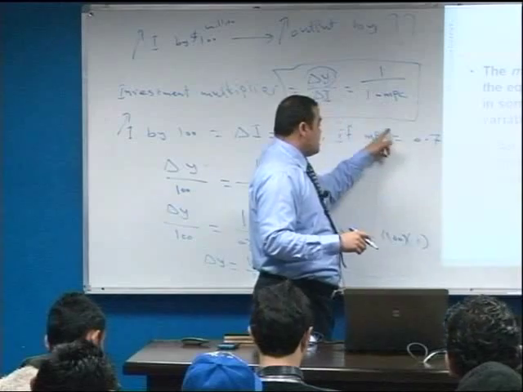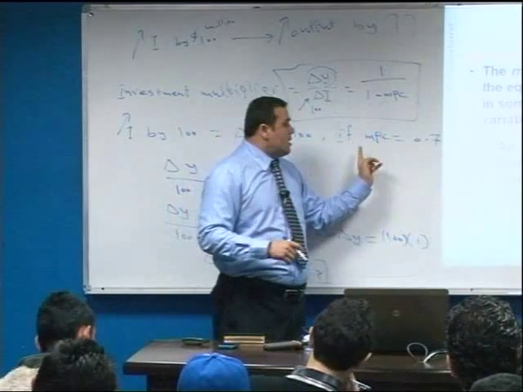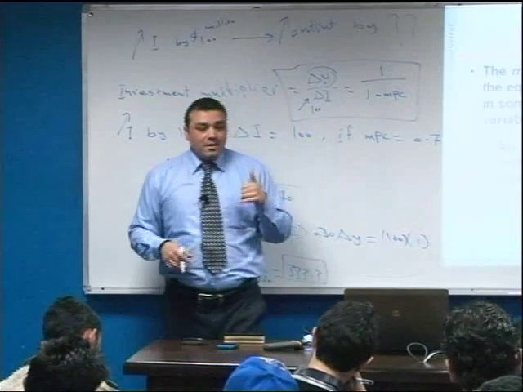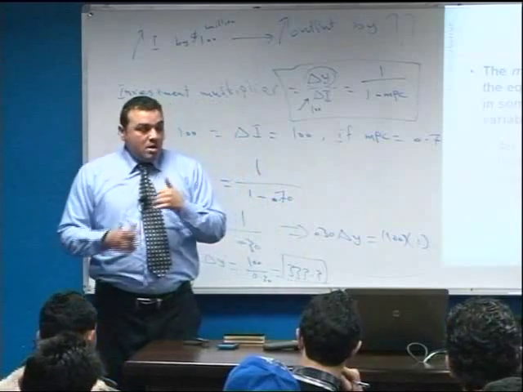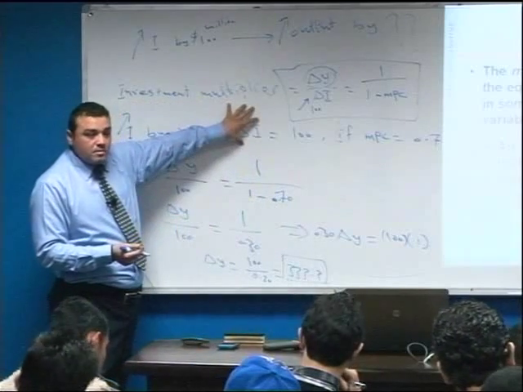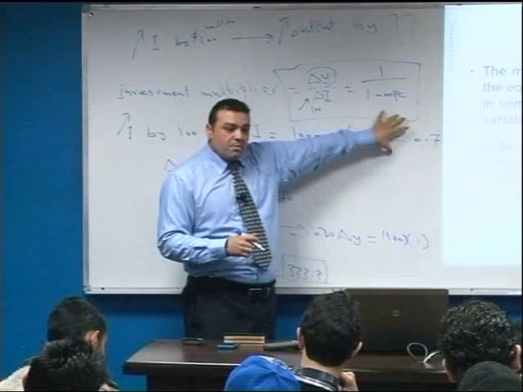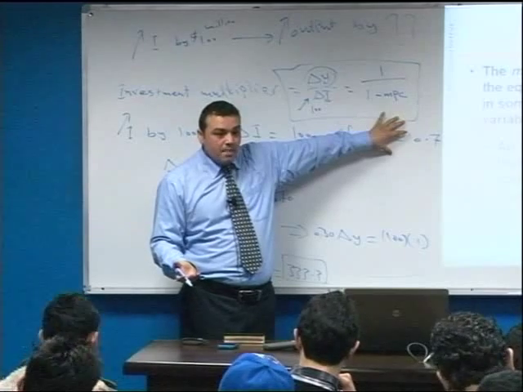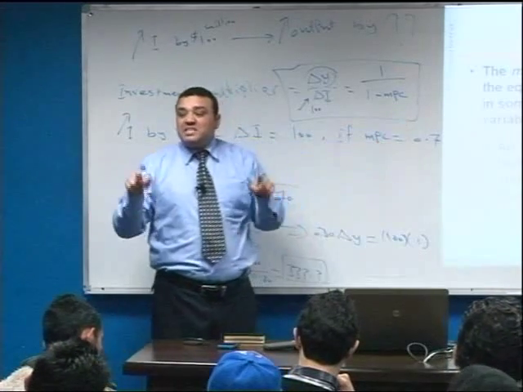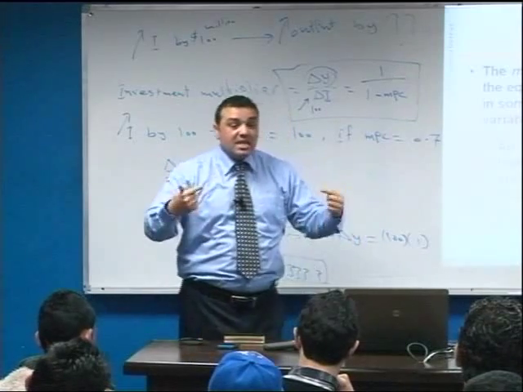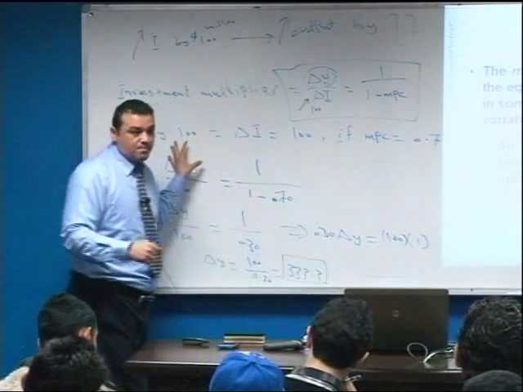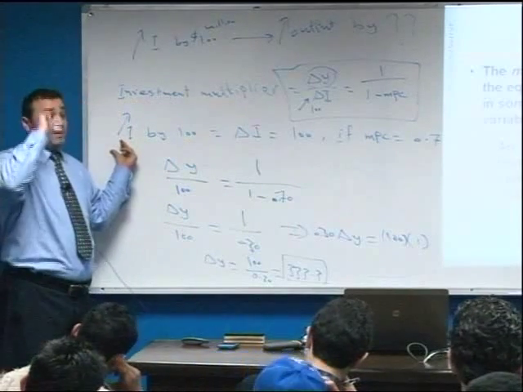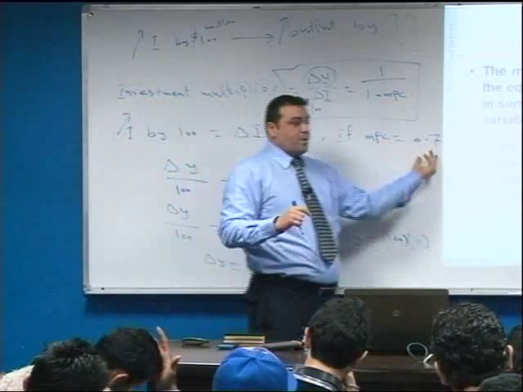If the MPC equals 0.7. So as you see, the multiplier is sensitive to the value of autonomous spending and the value of marginal propensity to consume or marginal propensity to save. صح؟ مظبوط يا شباب؟ The same idea if the government decided to increase its spending by $100 million and the MPC equals 0.70.